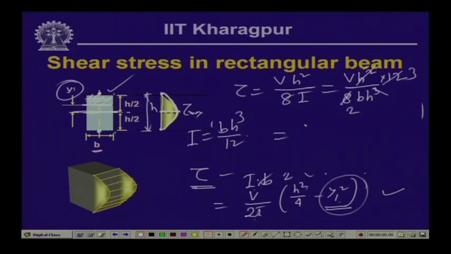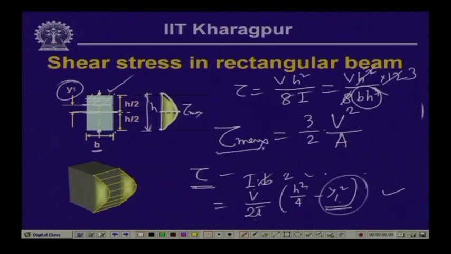So, this is equal to 3 by 2 V divided by b times h, which is nothing but the cross-sectional area, which we write as A. So, tau max, the maximum value of the shearing stress in a rectangular beam, corresponding to the maximum shear force V max, is 3 by 2 V max by A.